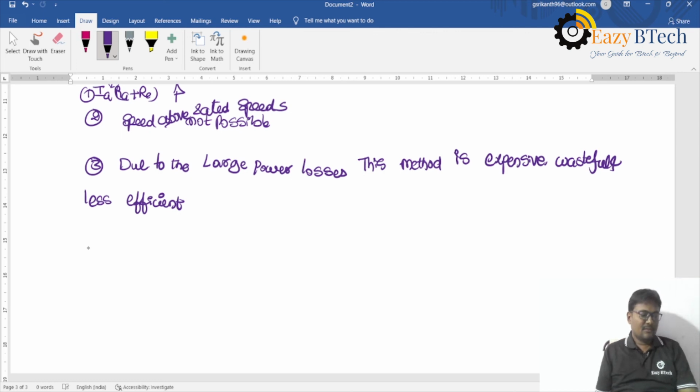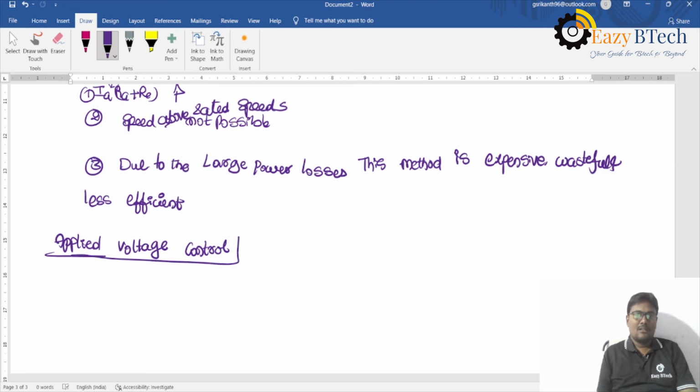Okay, and then we go for the applied voltage control. The last method for the DC shunt motor is called the applied voltage control. In this method, we can use separate excitation for the field and separate excitation for the armature.